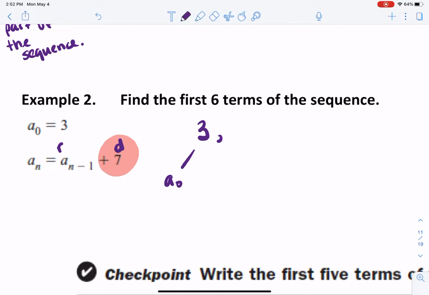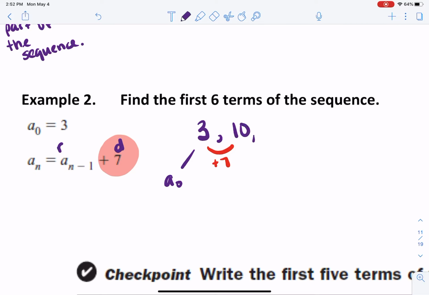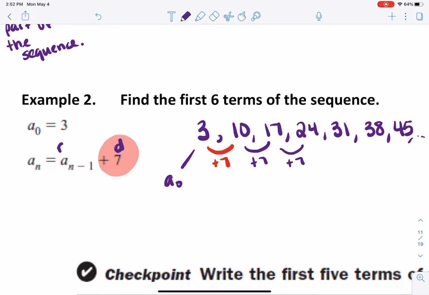Okay, so we're going to add 7 each time until we have 6 of the terms. So that would be 10, 17, 24, 31, 38, and 45. And we did add 7 each time. So now we are done. So that wasn't so bad.